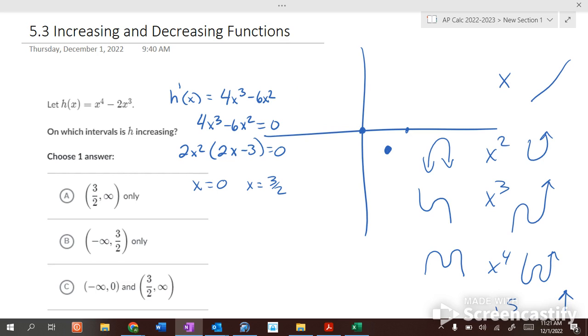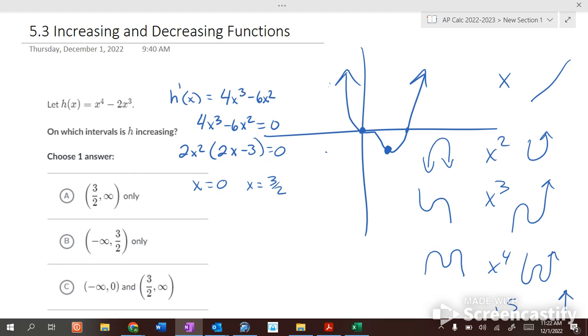So the graph will bounce at 0. So it must go like this, and then like this, and then like this. Or actually, I think it just stays flat and then goes down and then it goes up. That's what it does.